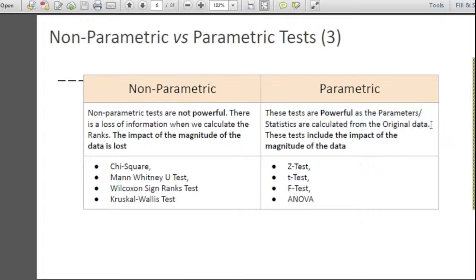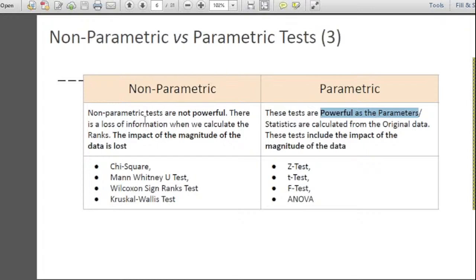It means it uses all the data points to calculate the parameters. When you calculate mean or standard deviation, we are using all the data points. Yes? Hence, they are powerful tests because they are using information from the entire data.